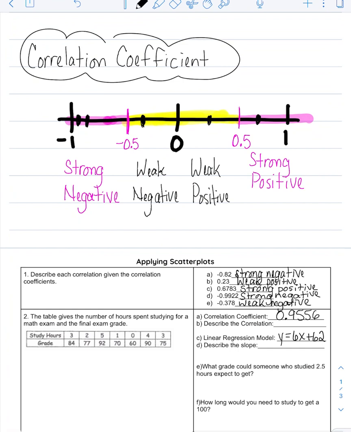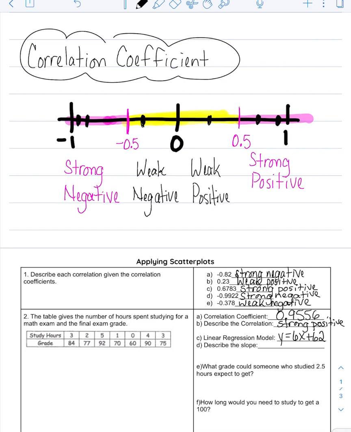Now let's get to the reason why we did this. In this table, the two variables being compared are the number of hours studied and the grade. My correlation coefficient is 0.9556. Based on what we just learned, 0.9556 is almost at 1, so that is a strong positive correlation.